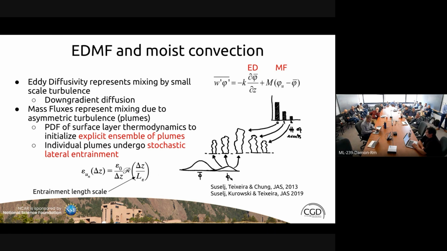And so the stochasticity comes from randomly sampling from the Poisson distribution. That Poisson distribution has a mean which is inversely proportional to what's called the entrainment length scale. That's the vertical distance that a parcel would travel before experiencing one entrainment event. So basically this squiggly P is going to return the number of entrainment events that occur over some distance delta Z.